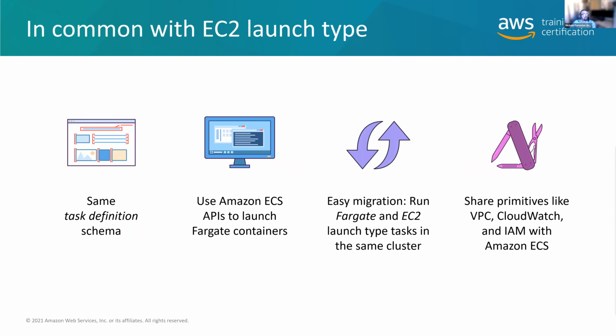Okay, let's see. With the EC2 launch type, by the way, you can use the same task definition with ECS to specify the container and its size, any dependencies, which image you're going to use, etc. But then you use the ECS API to launch the containers, and they'll deploy on the worker nodes that you've specified.